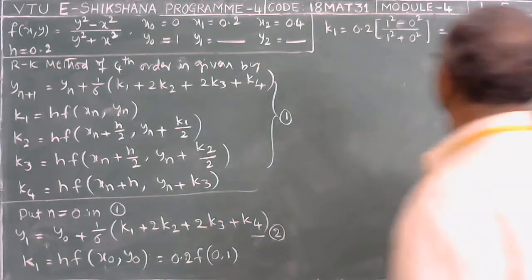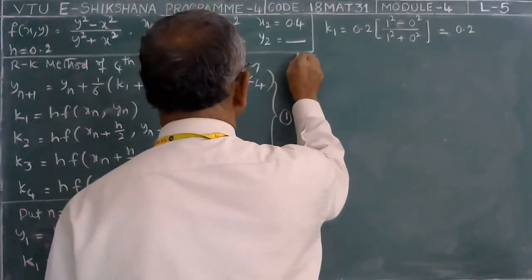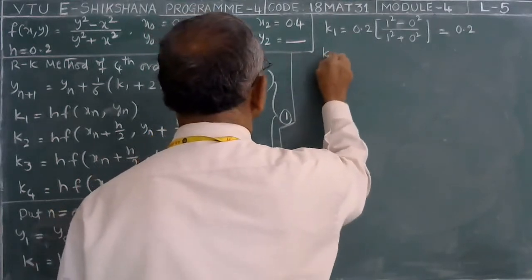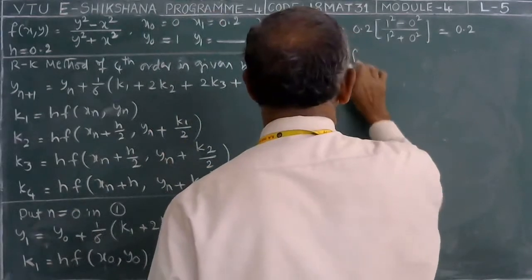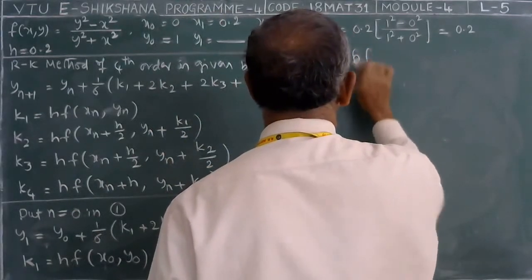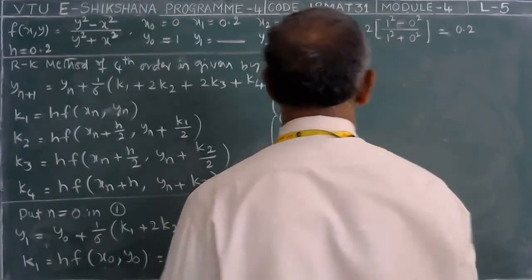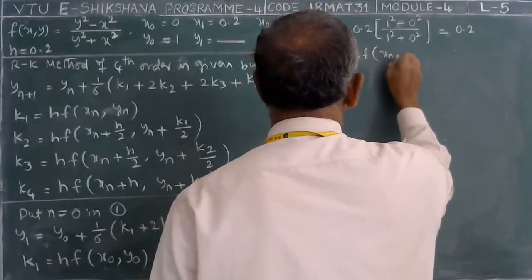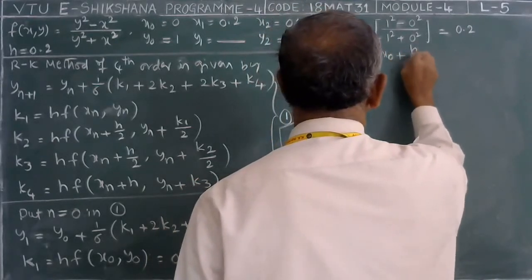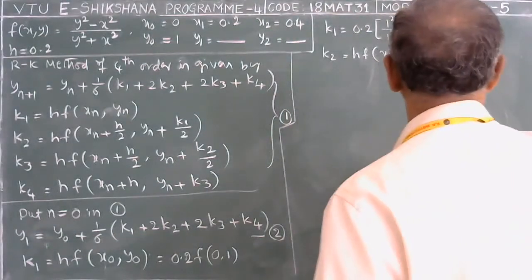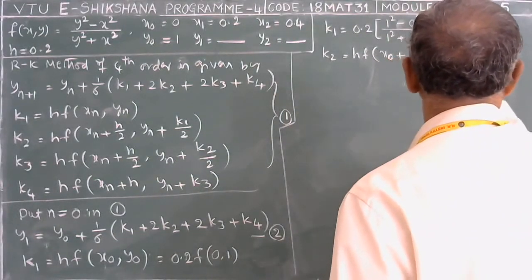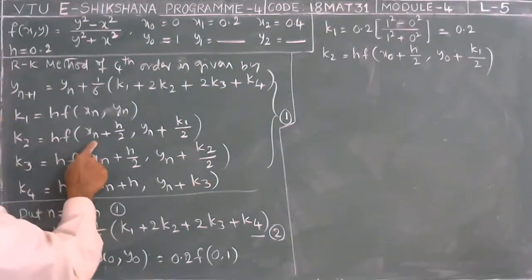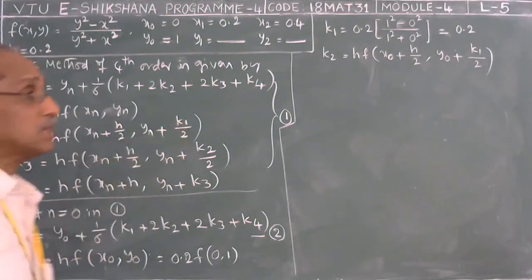Okay, so now k2. k2 is h into f of x0 plus h divided by 2, comma, y0 plus k1 divided by 2, when n is 0.